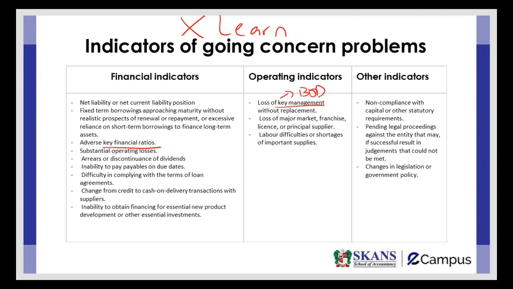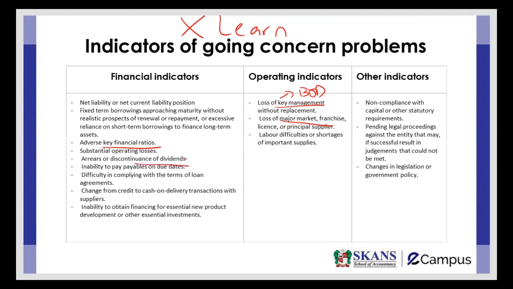So someone from the key management or the strategic level management has left. They have not been replaced. I'm concerned how I'm going to continue without this person or without his expertise or skills. Maybe there's a major competitor in the market and you're not able to retain your customers.